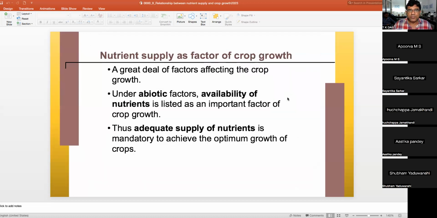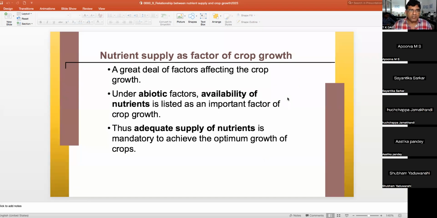So in this case, you can see that nutrient supply is also an important growth factor. So we restrict only to one input, to one growth factor, which is nutrient supply. A great deal of factors affect the crop growth. Under abiotic factors, availability of nutrients is listed as an important factor of crop growth.